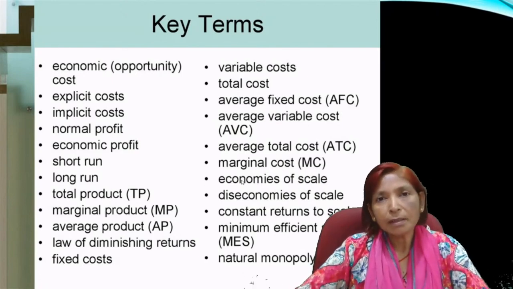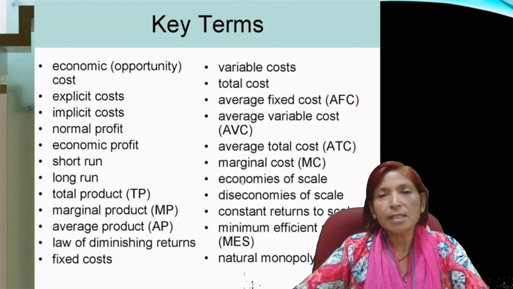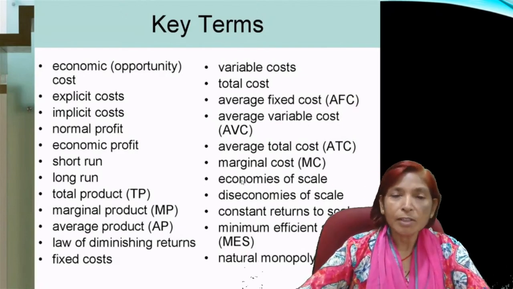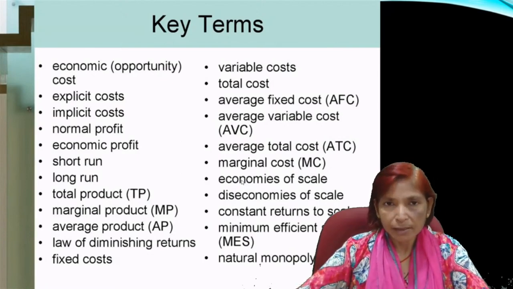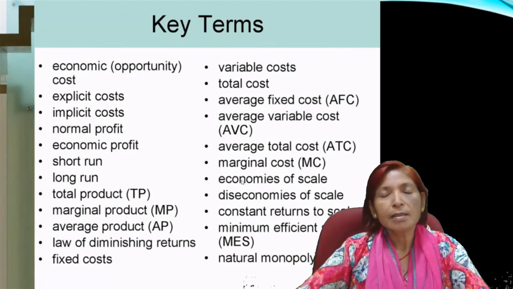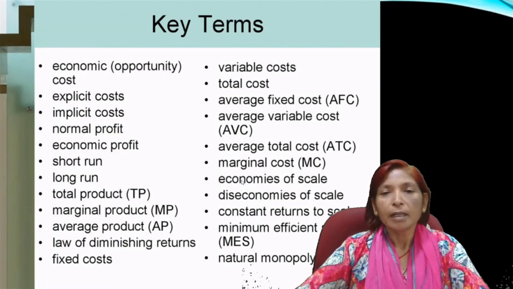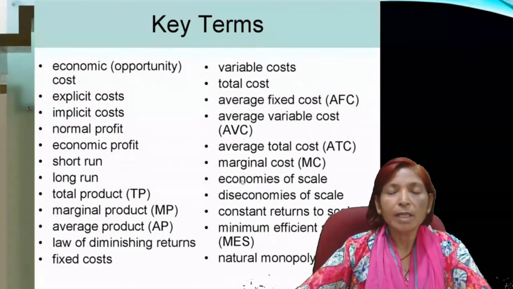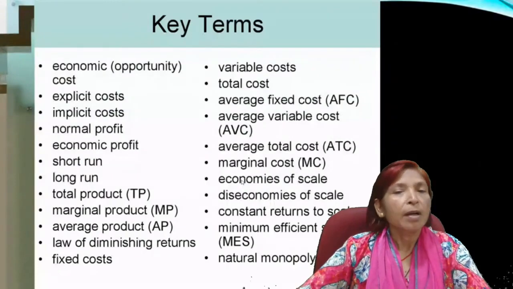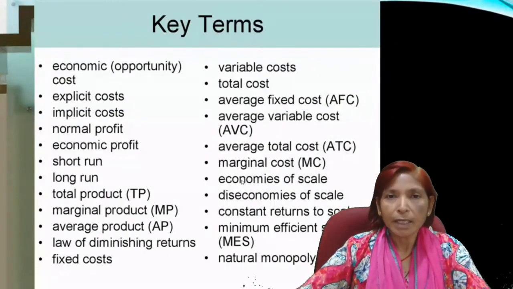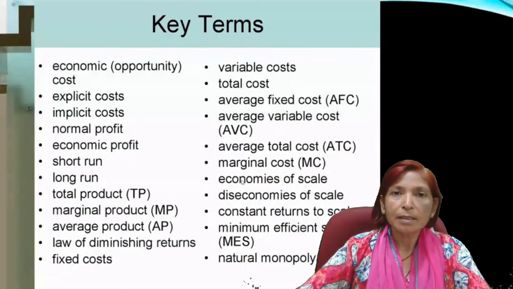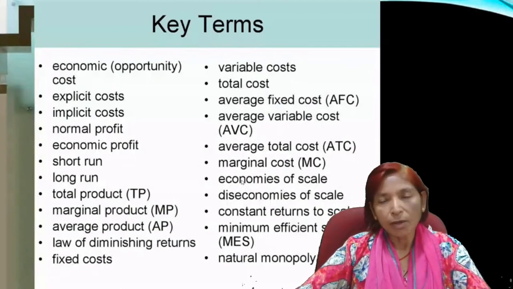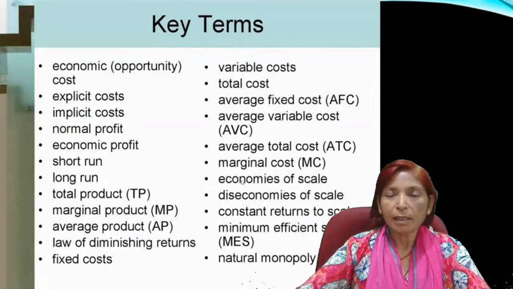Average fixed cost is the per unit cost of fixed factors. Average variable cost is the per unit cost of variable factors. Average total cost is the sum total of average fixed cost and average variable cost. Marginal cost is the net change in total cost, or TCn minus TCn minus 1, or delta TC divided by delta Q, we can get marginal cost.